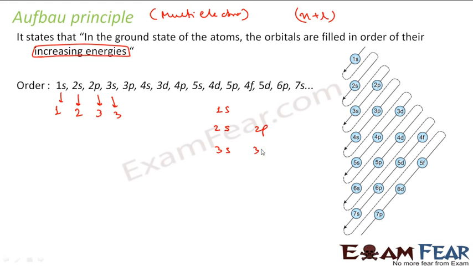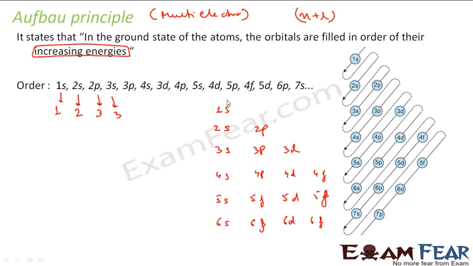For 3 you get 3s, 3p, 3d. For 4 you get 4s, 4p, 4d, 4f. For 5 you get 5s, 5p, 5d, 5f. For 6 also you get 6s, 6p, 6d, 6f. But nothing more than f is required, so the max I am putting is f only.